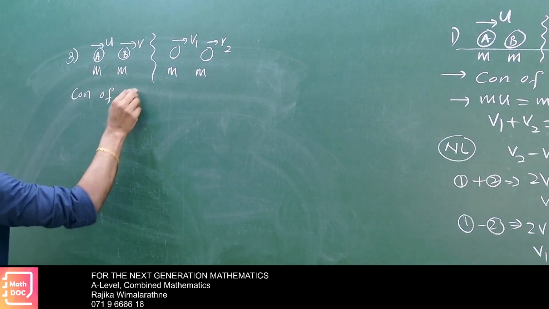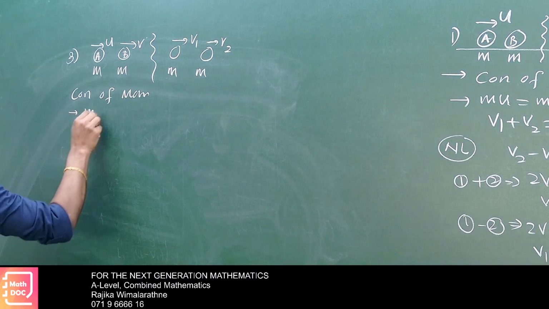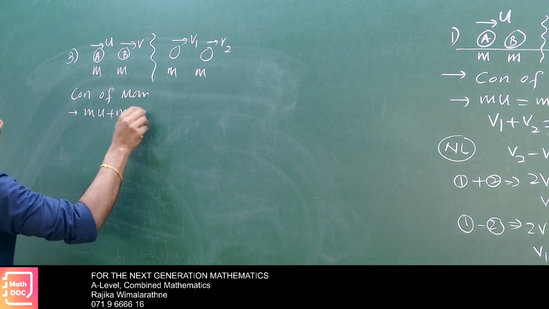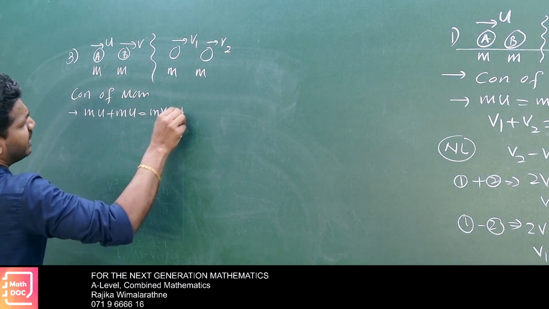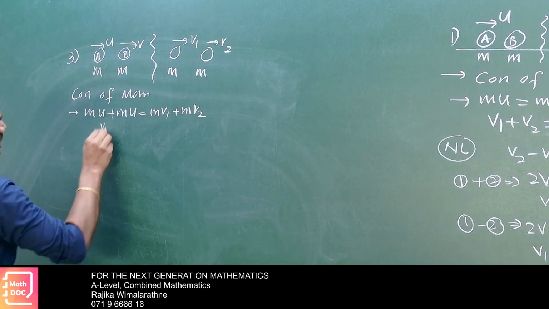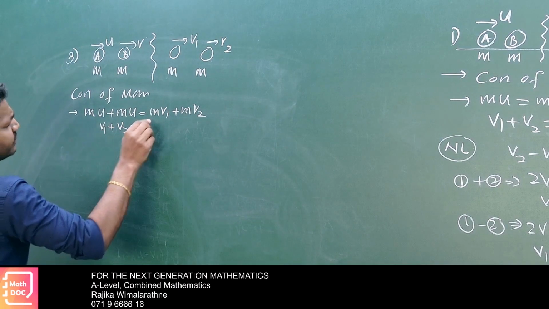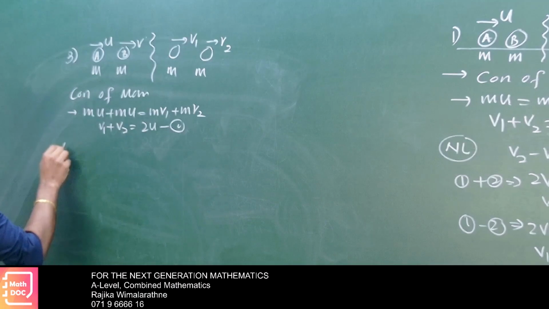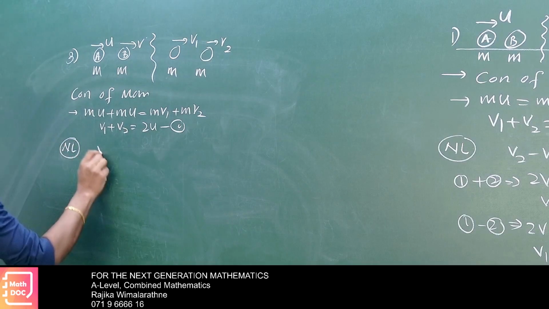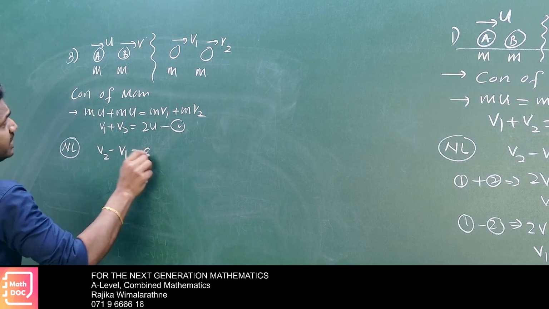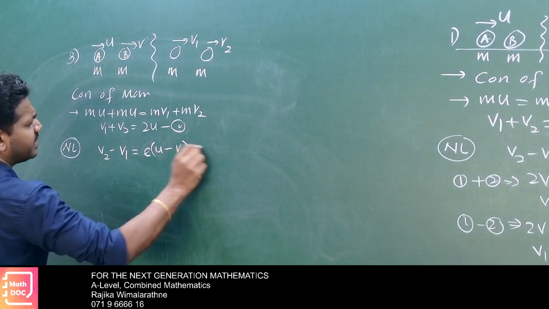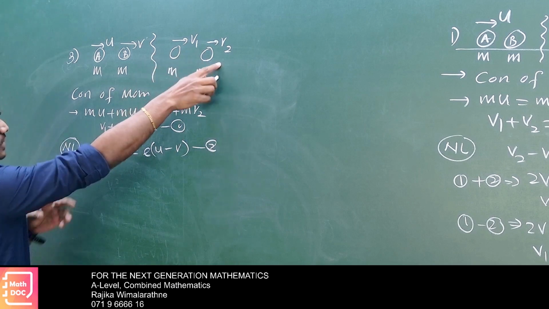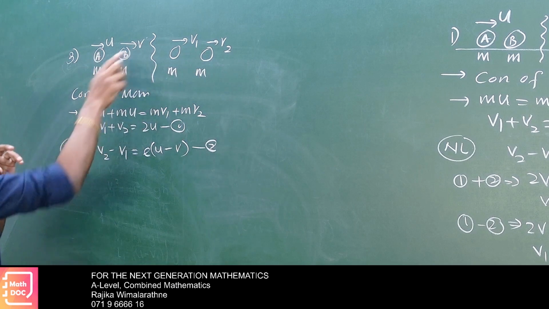Conservation of momentum: mu plus mv equals mv1 plus mv2, so v1 plus v2 equals 2u. Then Newton's law of restitution: v2 minus v1 equals e(u minus v).